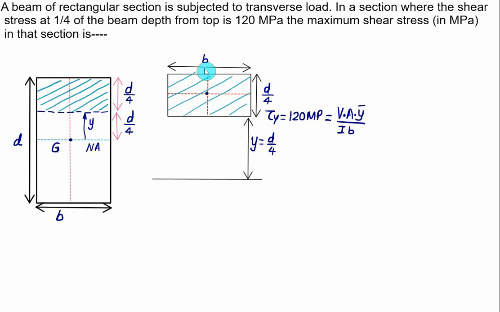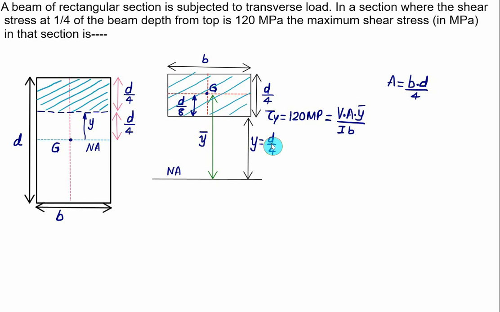So b for the given section is known to us, and area we have to first find out. In this case the area will be equal to b multiplied by d divided by 4. One by one we'll find each term. Let's mark the centroid here. Then this distance will be equal to d by 8. If we measure the distance of G from the neutral axis, we get the centroid distance y bar.